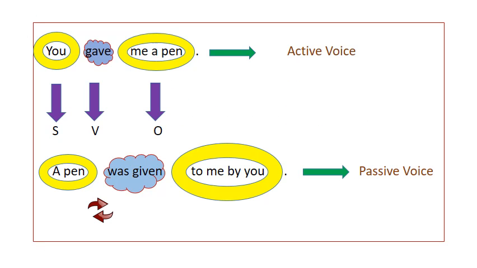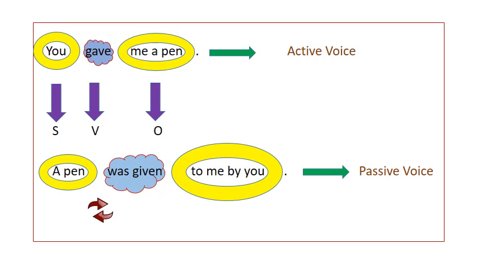Now see, the same thing has been explained here again with the past simple tense. Here is an example of past simple tense. "You gave me a pen." It is an active voice sentence. "You" is the subject of the verb, and "me" and "a pen" are the objects of the verb. So dear students, here two objects are given in the predicate part, me and pen. So now let's see.